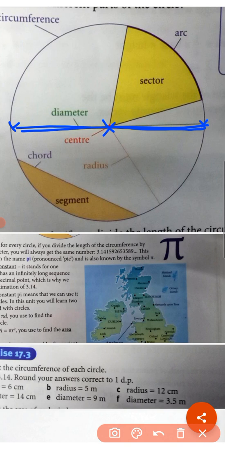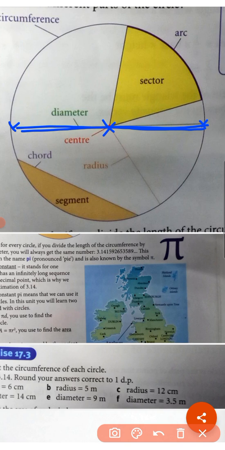Any line that passes through the center of the circle and connects two points of the circle is known as the diameter of the circle. And radius is half the length of a diameter. It is the length between any point on the circle and center.